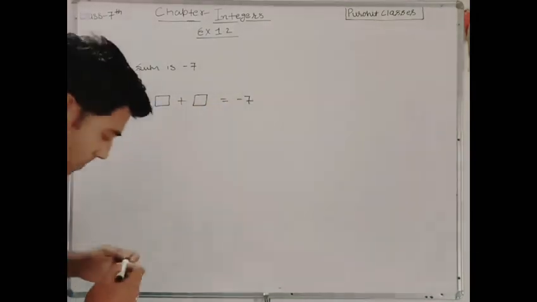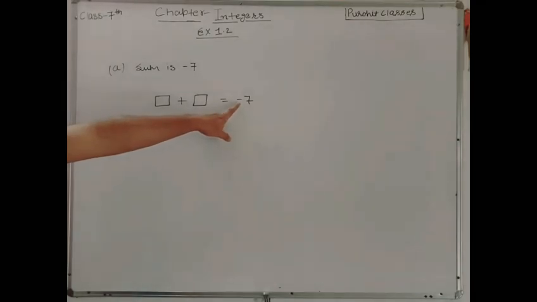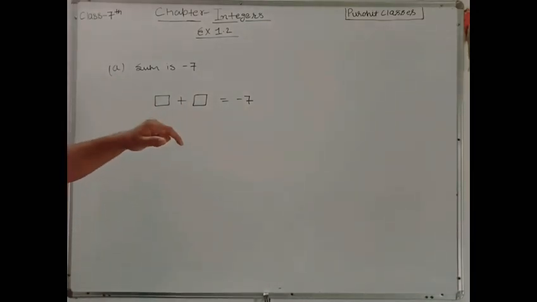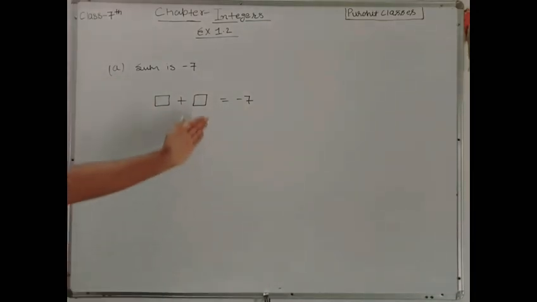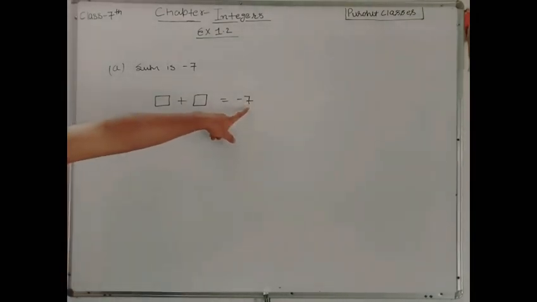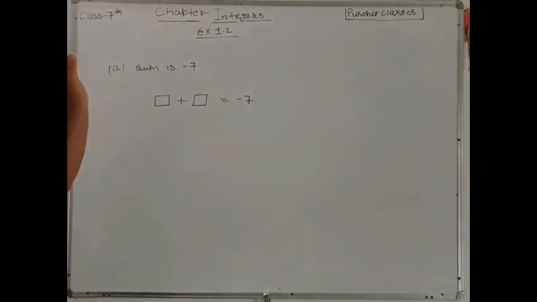Now pay attention. What is the sign of the resultant integer? That is negative, minus. How many cases are there in which the answer will contain a negative sign? The sign of the answer is always given by the greater integer, isn't it?